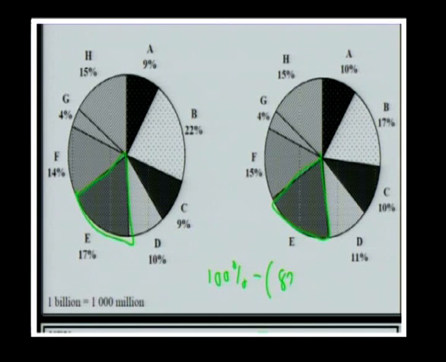So we want to subtract that total, which is 82%. That leaves us over here with E being 100 minus the 82%, and that comes to 18%. So this part of the pie is 18%. You can see that simple calculation is already going to give us some of those 8 marks that we have.